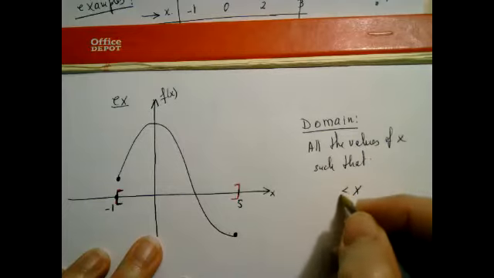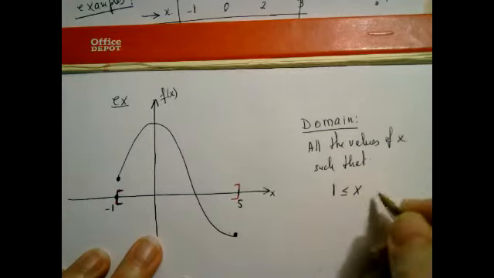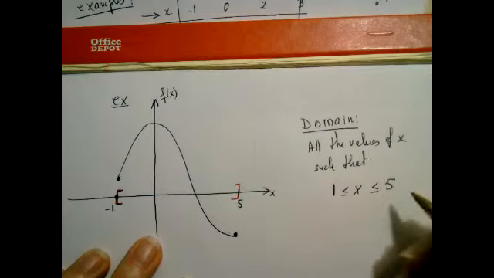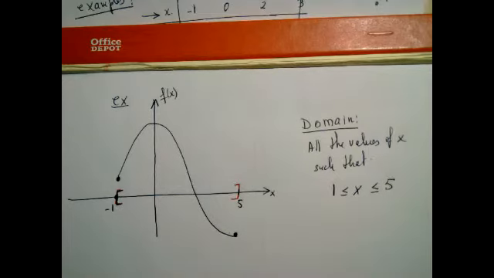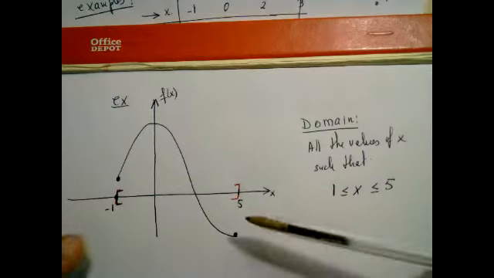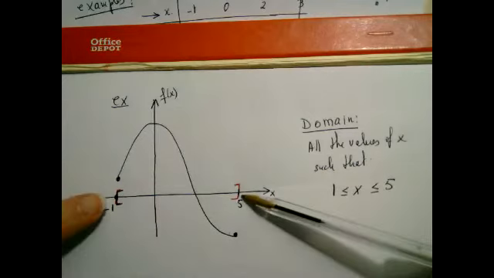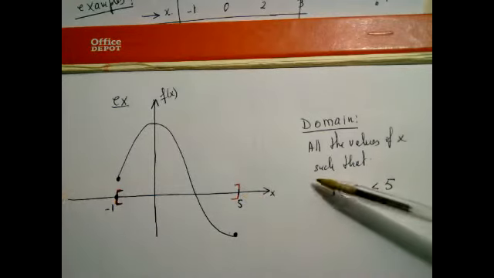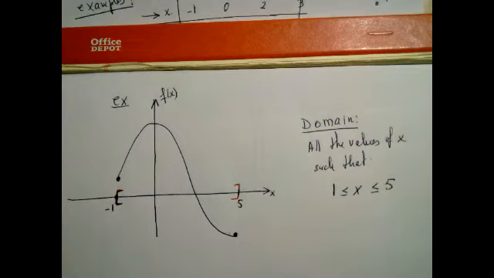My x has to be between -1 and 5. So if you have a graph, you just look at it and ask which input yields an output? Only between -1 and 5, that's what yields an output.